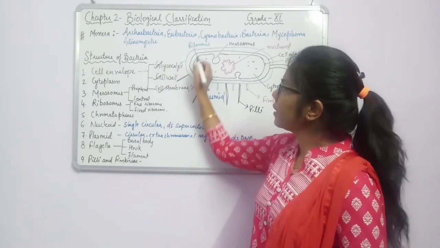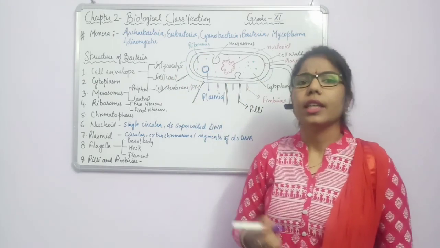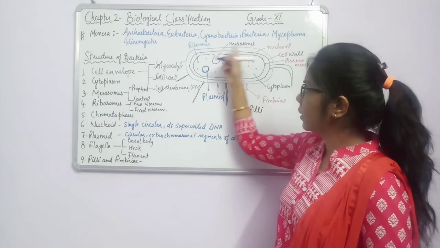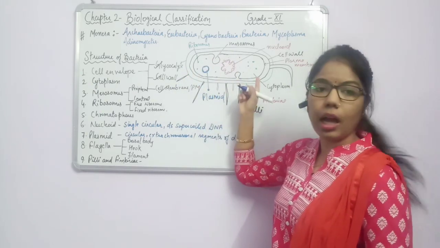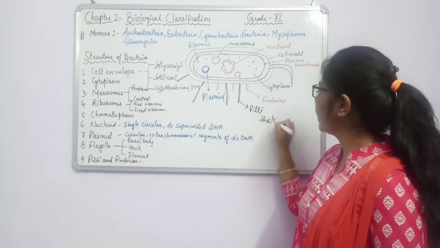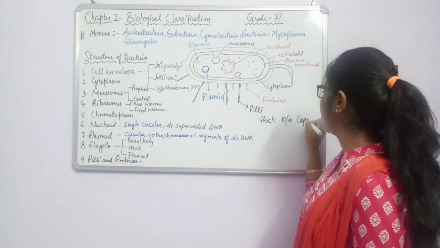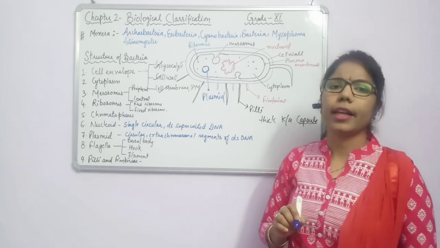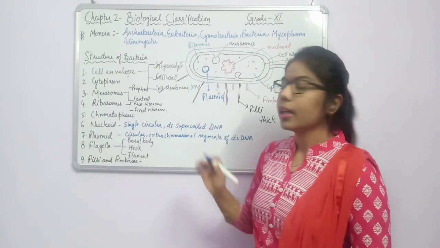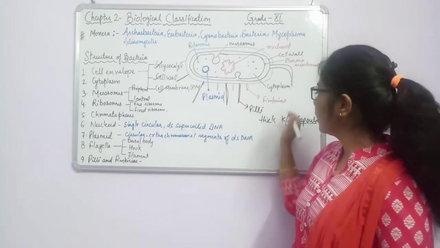Now if you see the structure of this glycocalyx, it can be of two types. What are they? It may be thick. The outer layer of the glycocalyx can be thick. When it is thick, it is known as capsule. In most diagrams in your book, you will see a thick layer like a cell wall.